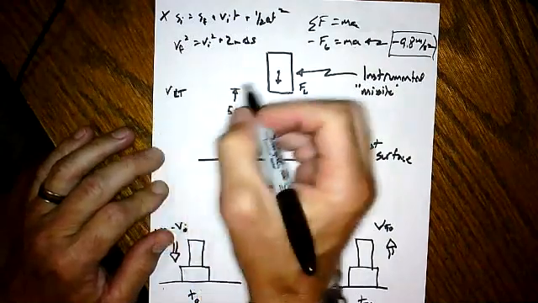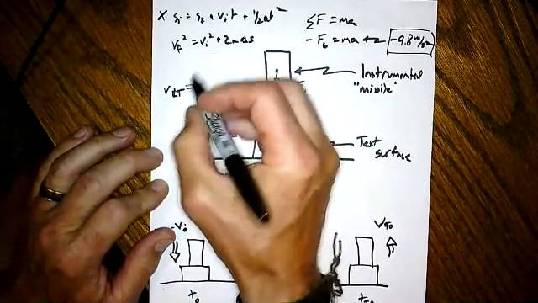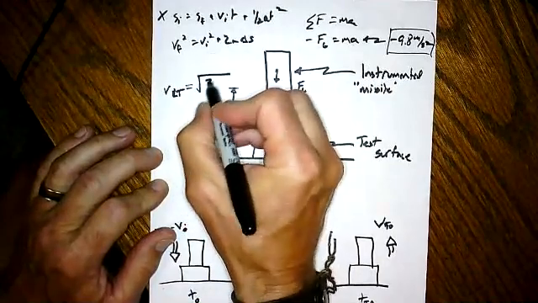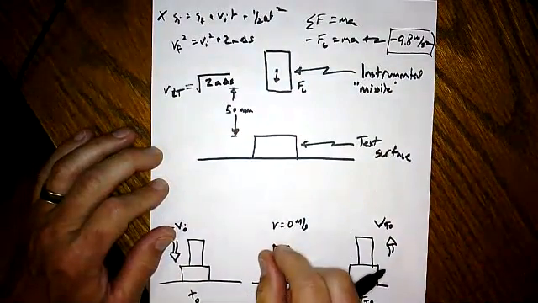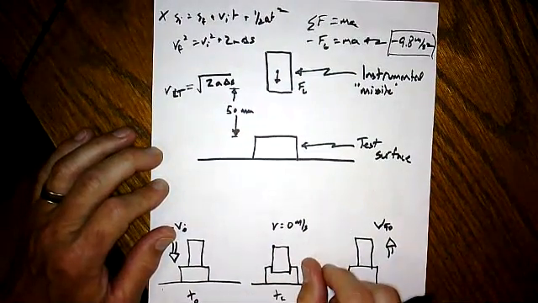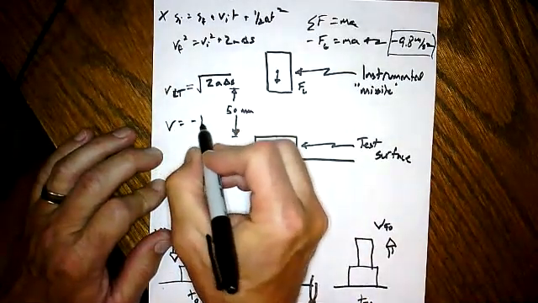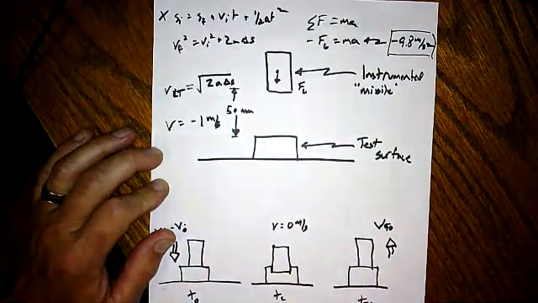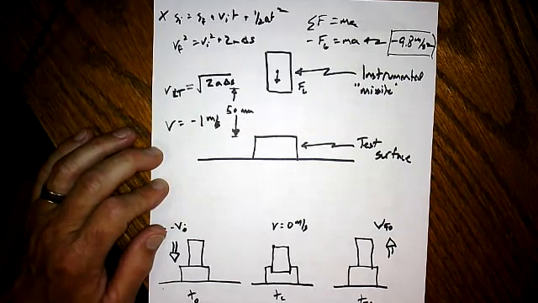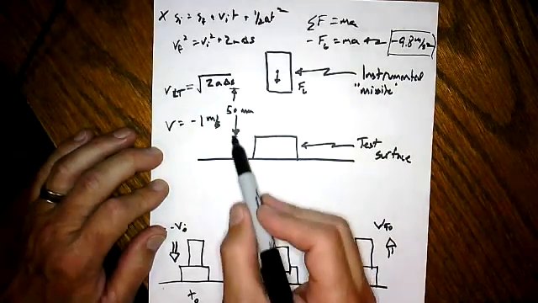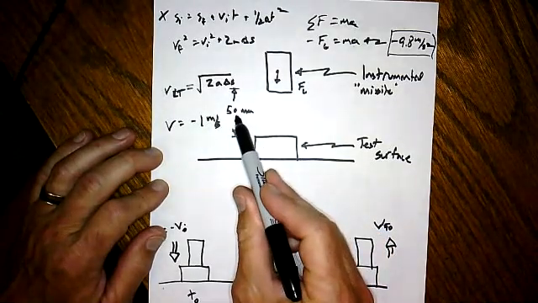So I'm going to solve for contact velocity, just doing my algebra and using 0 for V_i, as the square root of 2a delta S. Now it's just plugging numbers into a calculator, and you should get a velocity of about negative 1 meter per second. I saw one answer up there that came out 0.999, whatever it was. Perfect. And that's the velocity at contact when we drop from 50 millimeters.